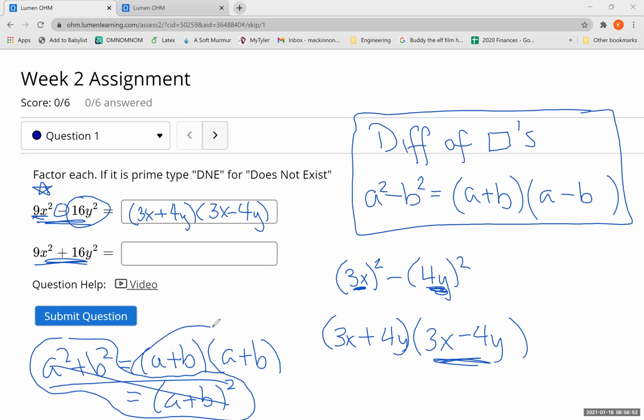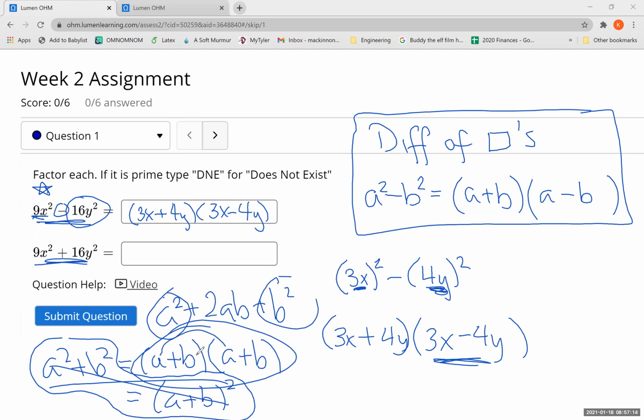If you actually FOIL this out, you'll have that a plus b times a plus b is actually this guy, because when you don't actually multiply this out and you just say, oh, well, the square distributes, you're not doing FOIL, you're doing FOL. You're forgetting the outers and the inners, right? So make sure that you are taking note of that.